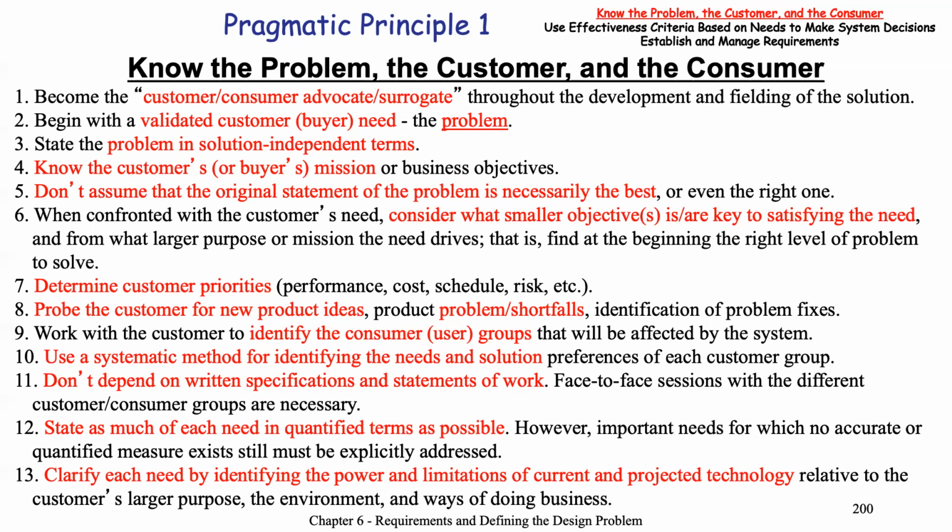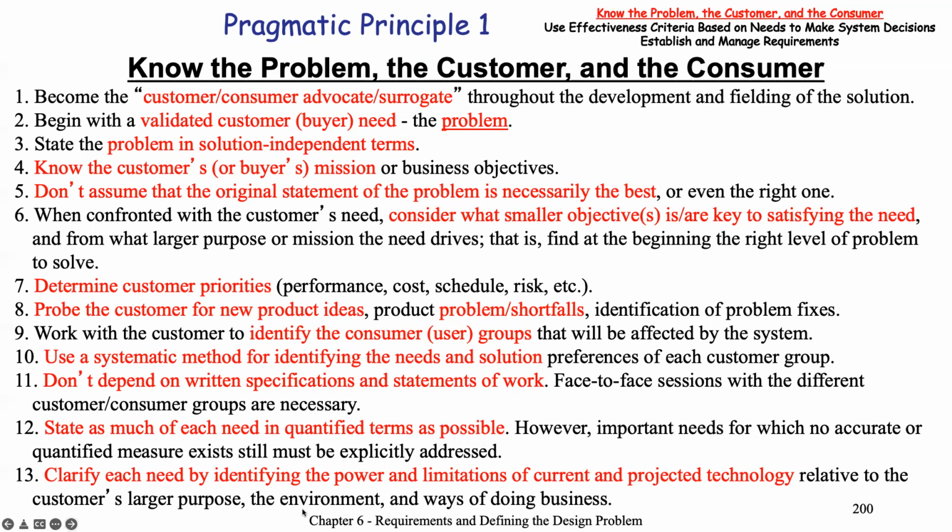You don't want to depend on written specification and statements of work. The face-to-face sessions are important, and then you codify that in the things that you write down or put into a model-based system engineering tool. You want to state as much of each need in quantified terms as possible. You want to specify as much as needed to make sure that you capture what is wanted.